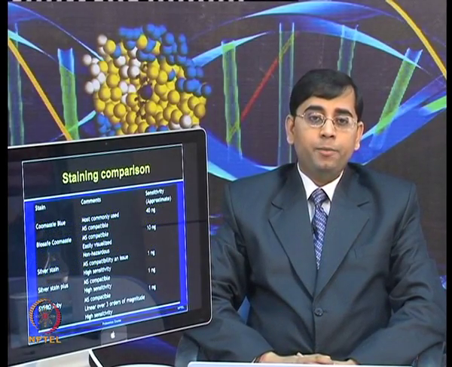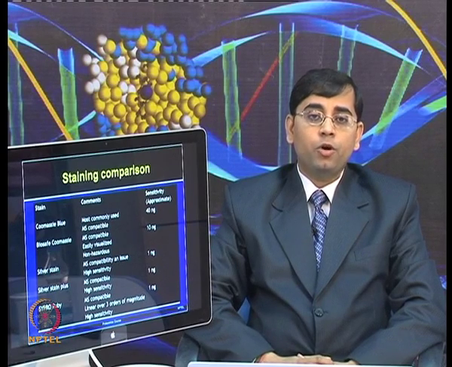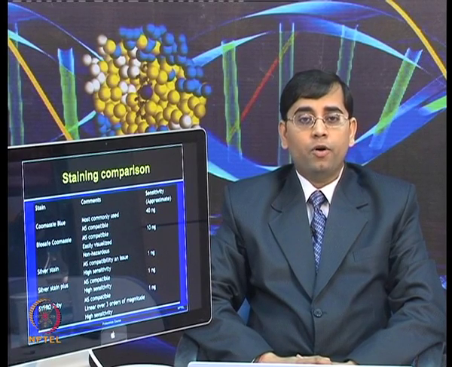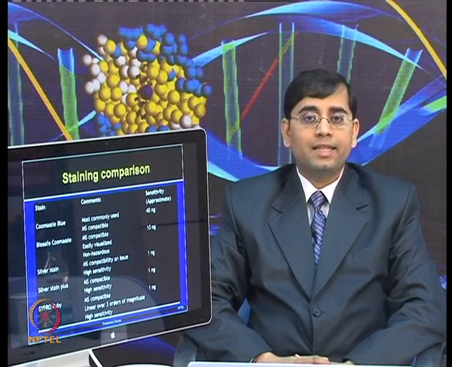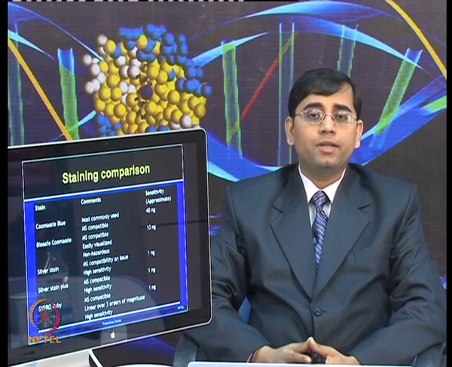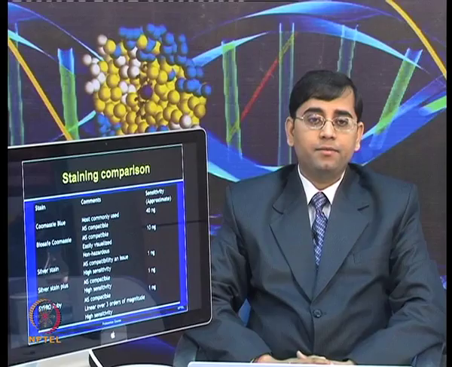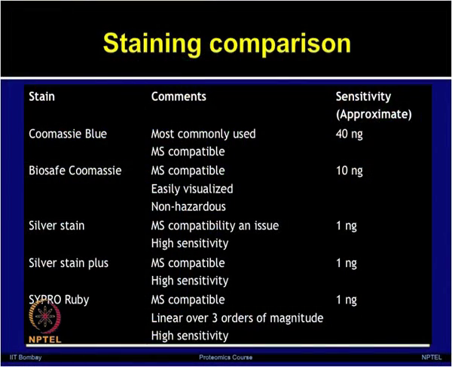So, now let me describe some staining comparison available for various types of stains which we discussed before we move on to the next part on the image scanning. So, in a nutshell, here you can obtain information for various stains which are available, their properties and their sensitivity. Please note the sensitivity is only approximate.